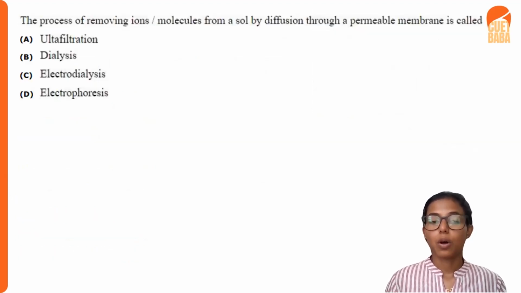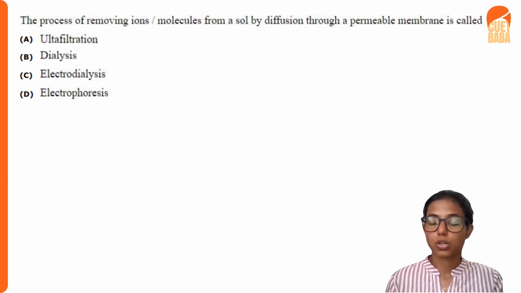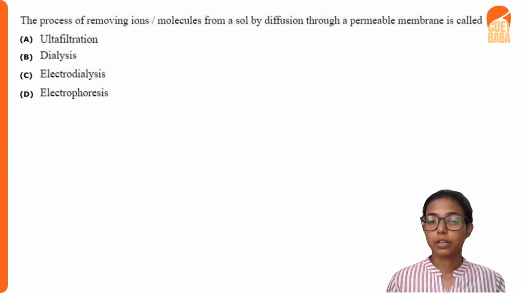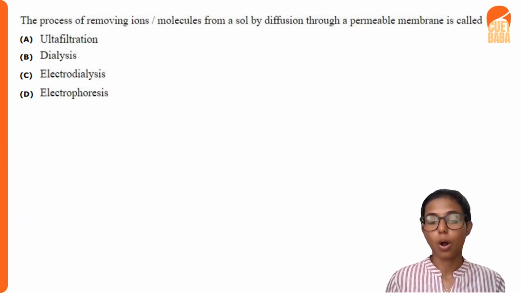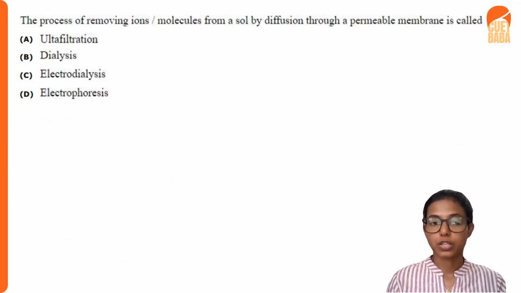Next, the process of removing ions or molecules from a salt by diffusion through a permeable membrane. So we are removing ions or molecules from a salt by diffusion, and the diffusion is done by a permeable membrane. So what will that process be called? Option A, ultrafiltration, B, dialysis, C, electrodialysis, and D, electrophoresis.